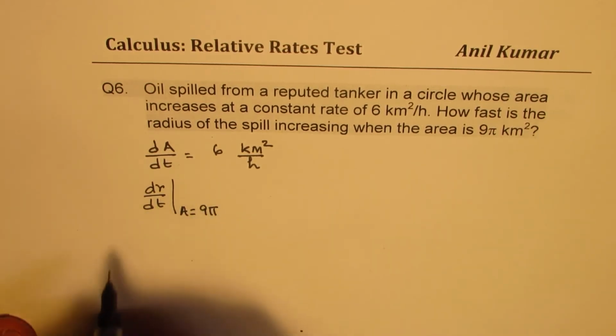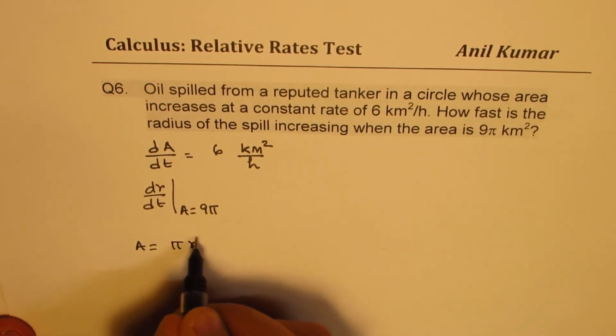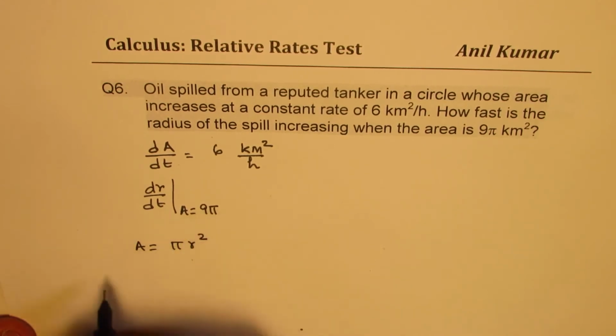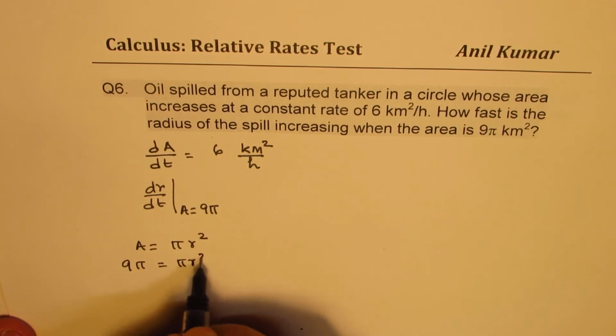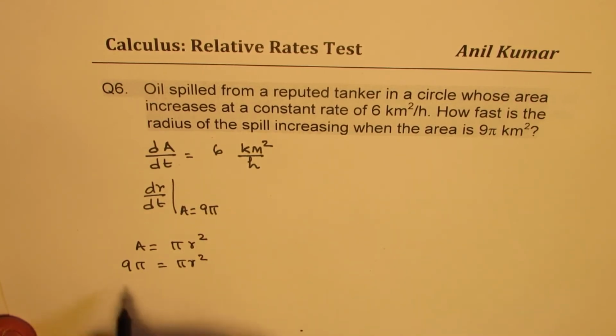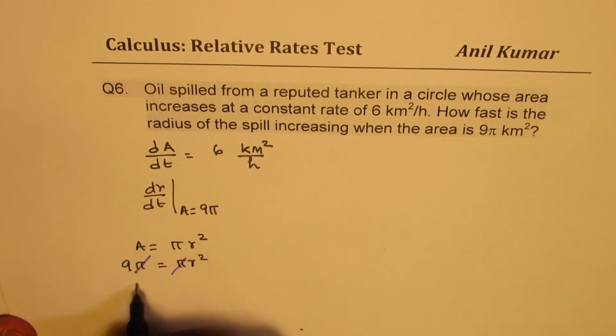Area is given as pi r squared. So if the area is 9 pi, in that case r squared is 9, so we'll just cancel pi. So 9 is r squared, so 3 is r.